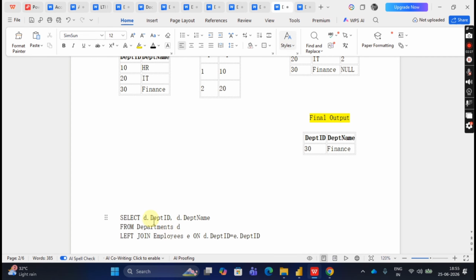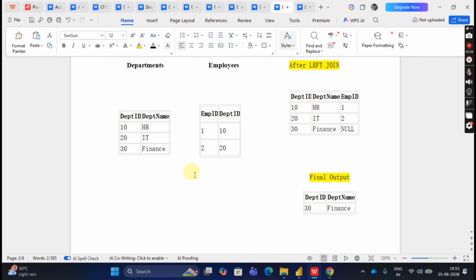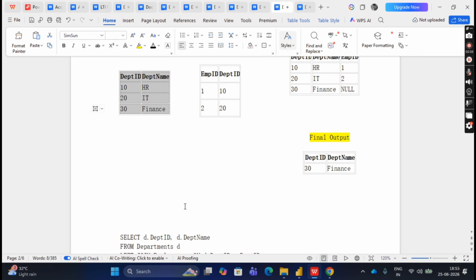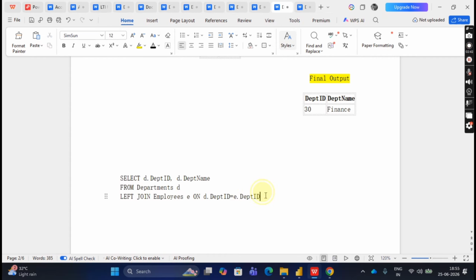Okay, so we'll be selecting the columns from the department table, because these department ID and department name columns are coming from the department table. So we use D.department_ID to refer to the columns from the department table. At the last we will be using where E.employee_ID, because in the resultant, employee ID is coming from the employees table.